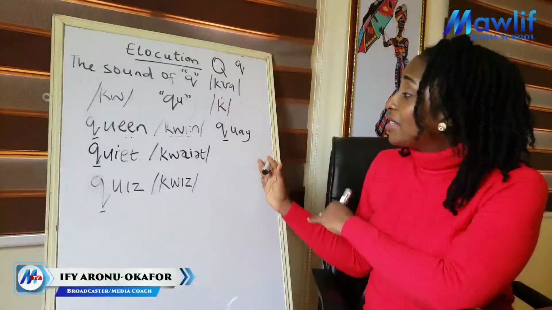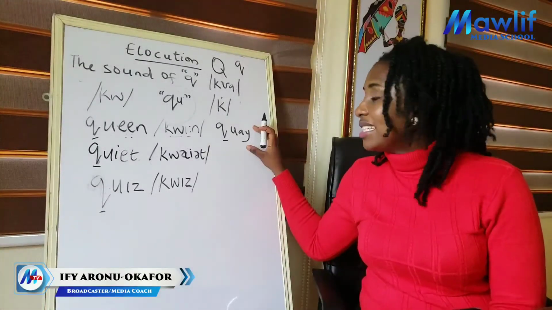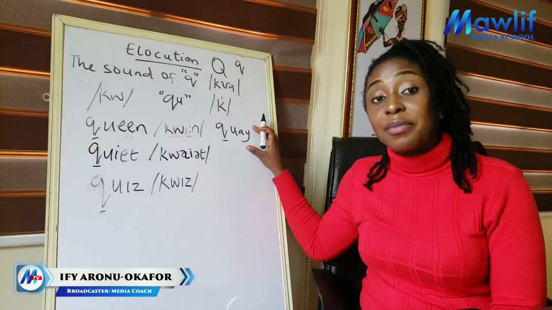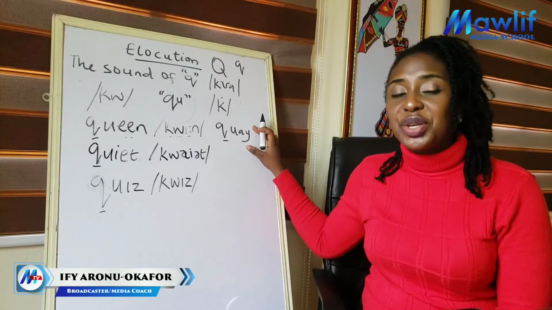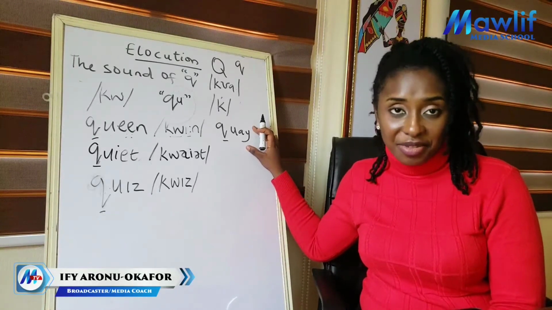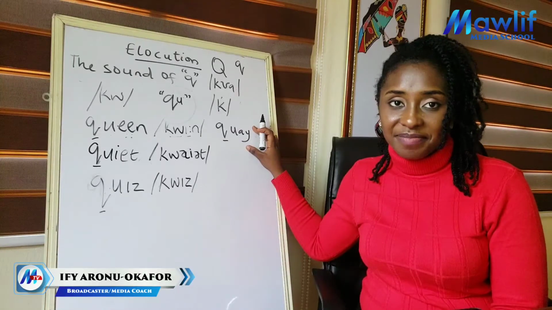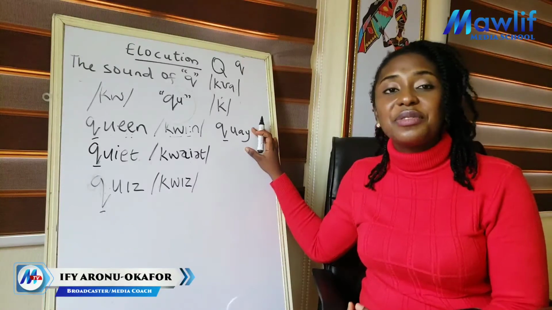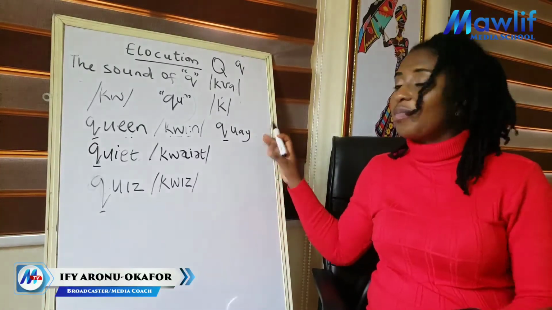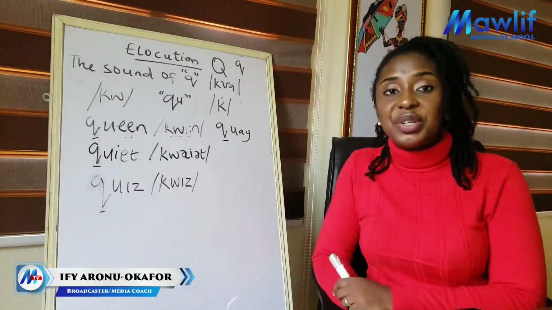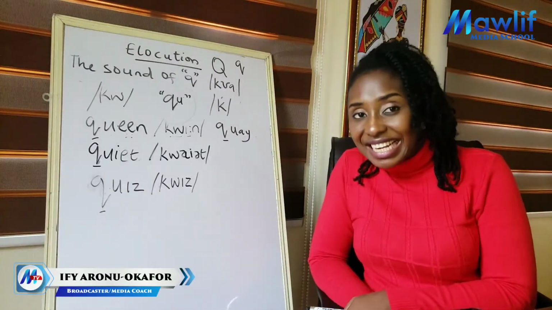Okay, now let's come to this other side. The reason why this word is popular is because the sound of Q is pronounced differently. And the sound of Q is actually easier to pronounce in this sense. And that is why it is popularly used to teach beginners.